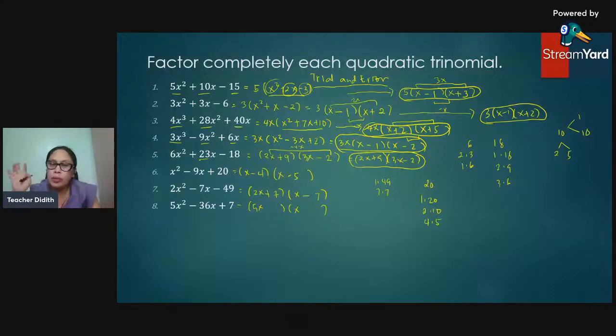Since the middle term is quite big, I guess we place 7 here and 1 here. And everything is negative since the middle term is negative. The product of 5x and negative 7 is negative 35x, while the product of negative 1 and x is negative x, and that gives us negative 36x as we combine the two. Okay, so these are the factors.